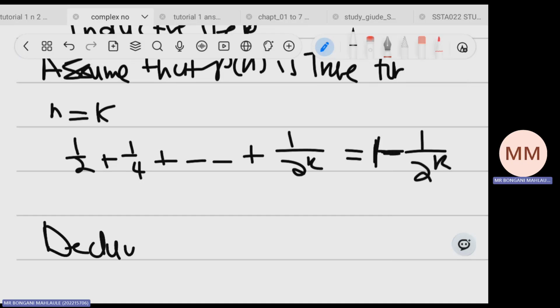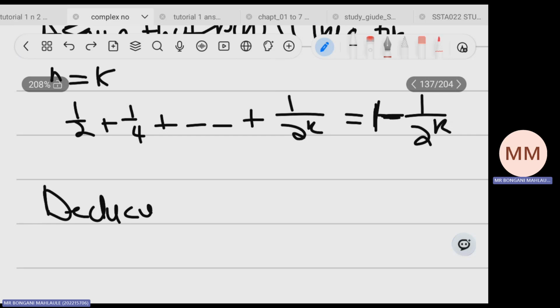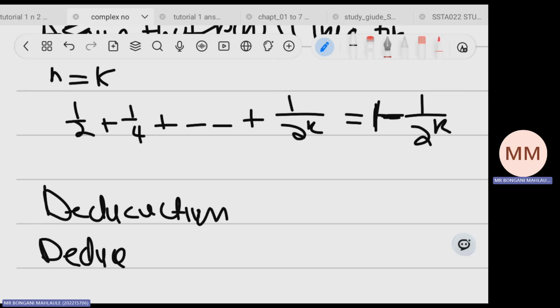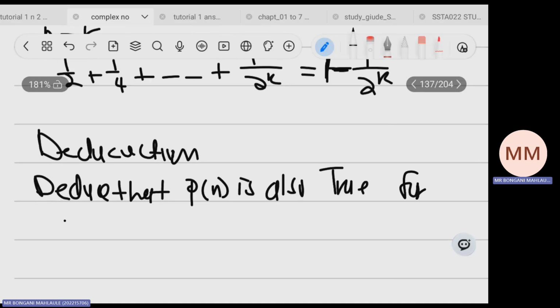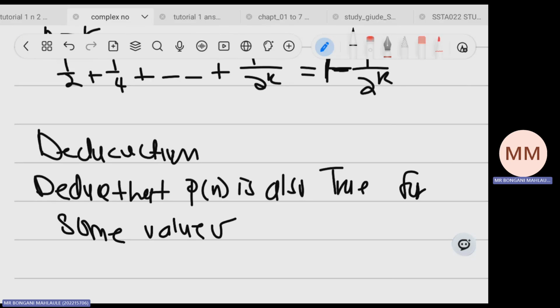Then we can now say deduce, we must now do the deduction step. So we can say deduce that P of n is also true for some value of n equal to k plus 1.